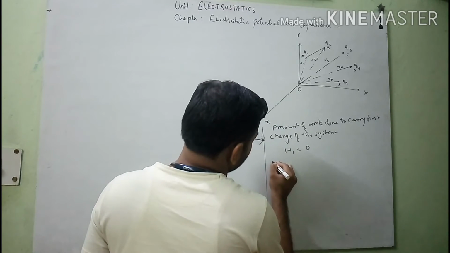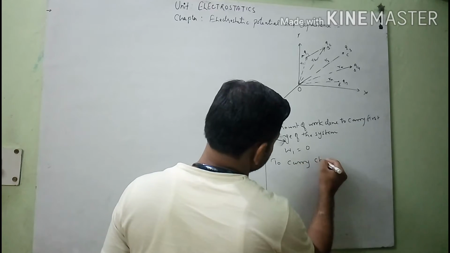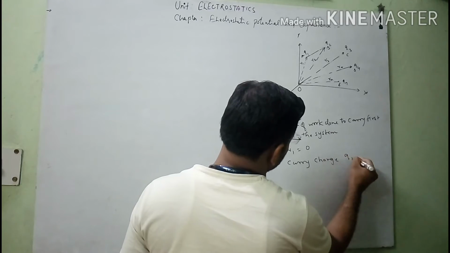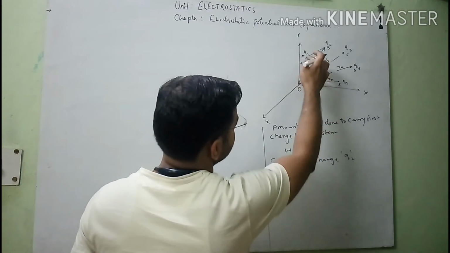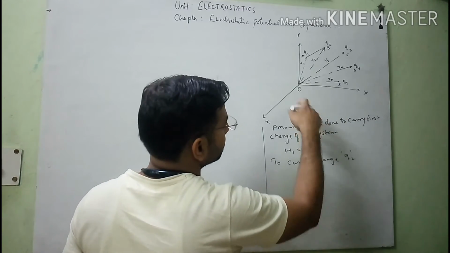Now, the amount of work done to carry the charge Q2. When we carry the charge Q2, initially Q1 is present there. So to carry the charge Q2, we will do the work against Q1.